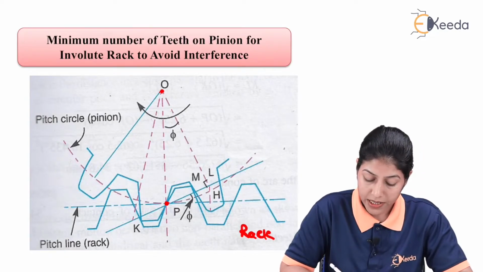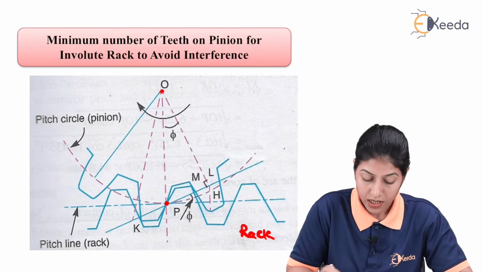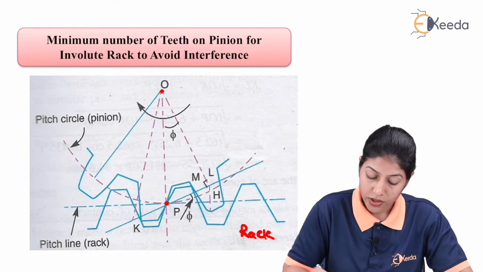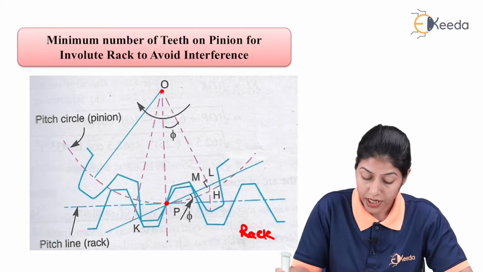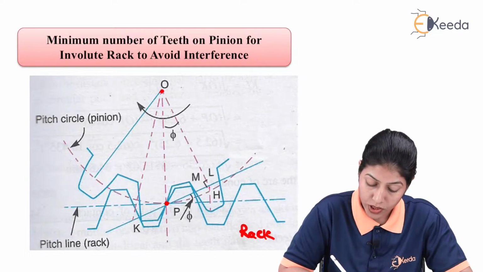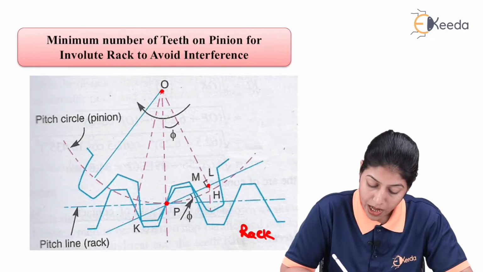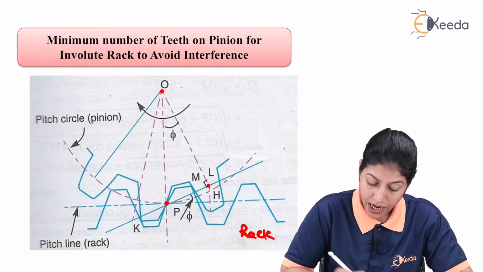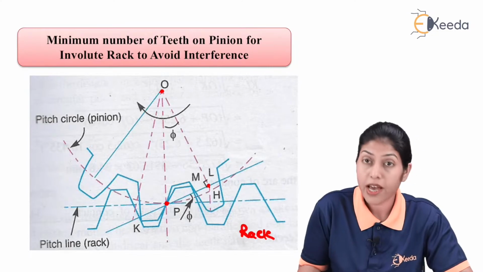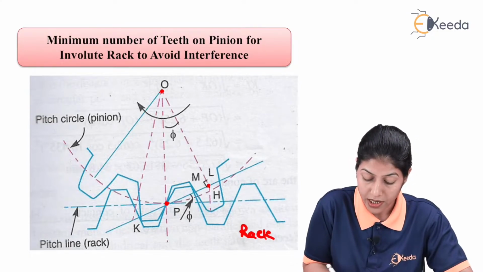Now we will consider the base circle of this particular pinion. On that base circle we will draw a tangent, and that tangent will pass through the pitch point. Let us consider the point of tangency as this point M, and this tangent passes through the pitch point P. Here the rack does not have any base circle because it is a straight rectangular element with a number of teeth over one straight surface.